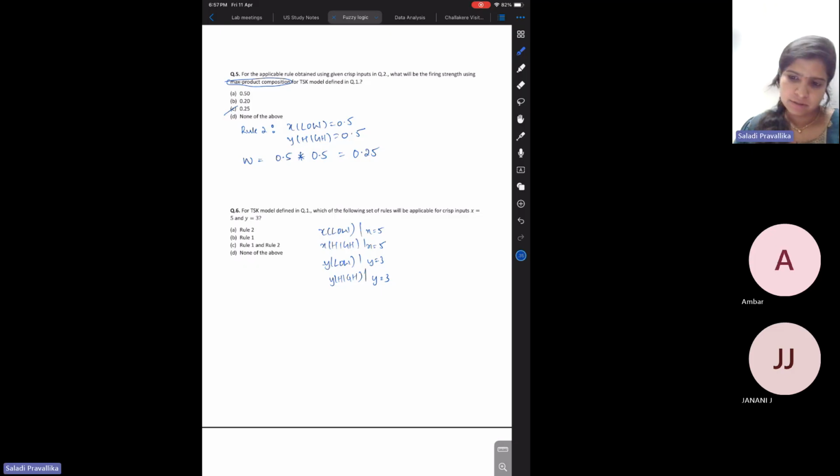Any more answers? Okay, so Amber says x low and y high are 0, and x high and y low are 0.5. Okay, let's check.